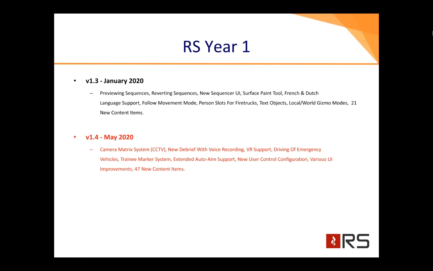You can have multiple camera feeds all going into a single matrix where you can see views from different points of an incident. You can control each camera, rotate it, zoom it, just like you would an actual CCTV system. So this is one of our first major steps, not only in the security sector, but we're seeing this technology used by all sorts of different services around the world.